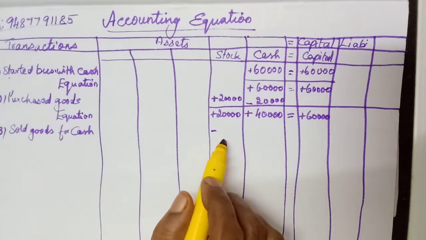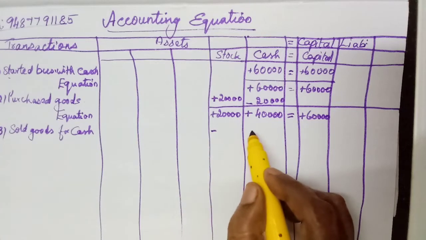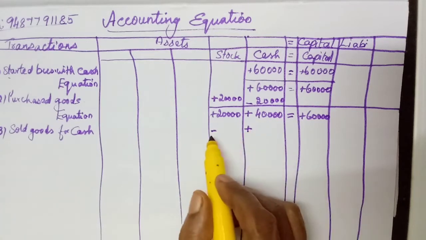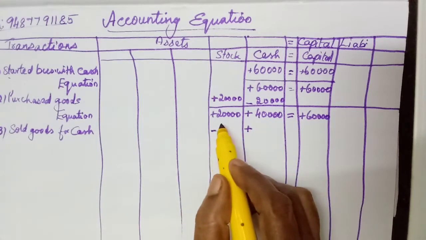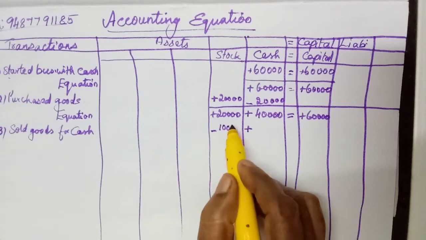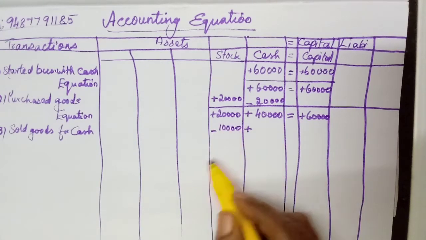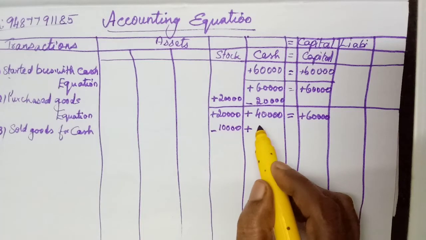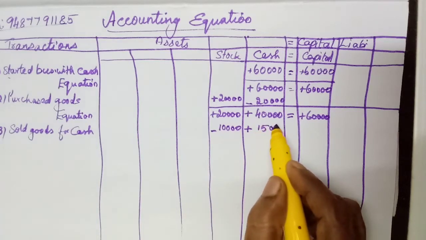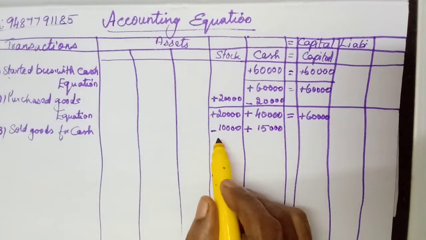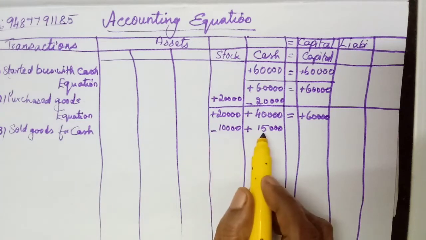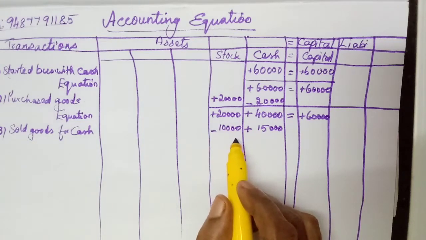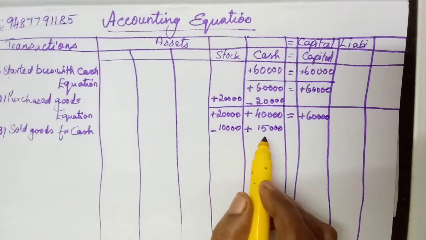And it will increase the cash. Now you see, costing 10,000, only 10,000 goods we are selling. But for how much are we selling? For 15,000. So for 10,000 goods we are selling for 15,000. So that 5,000 is the increase, isn't it?